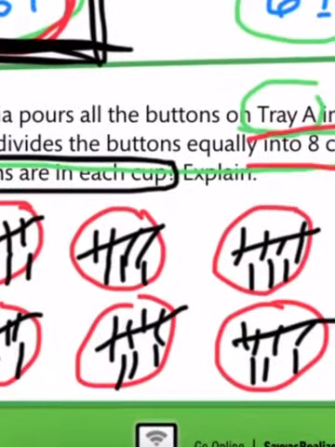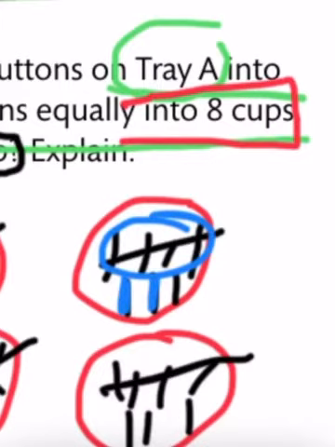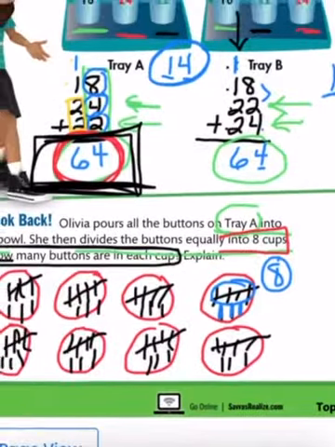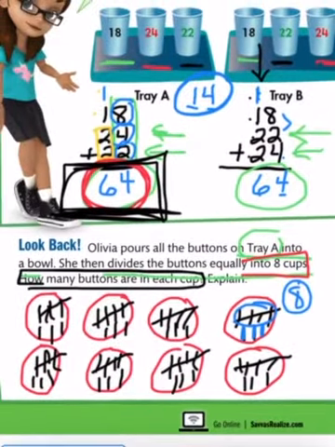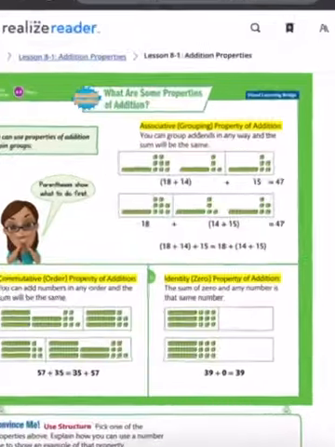And if we just look at one cup, we can see a group of 5, 6, 7, 8. 8 buttons in each cup. Okay, so we can draw a picture to really help us out. Let's go to our next page and work a little bit more here.